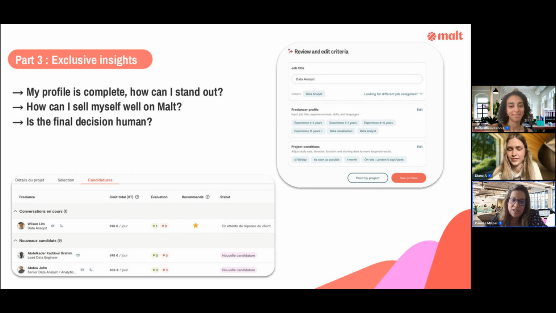This badge plays a big role in increasing your visibility in search results and in the algorithm, and it helps clients feel more confident in choosing you. The more you work on Malt, the more visible you become. Every euro helps you progress towards a higher status.